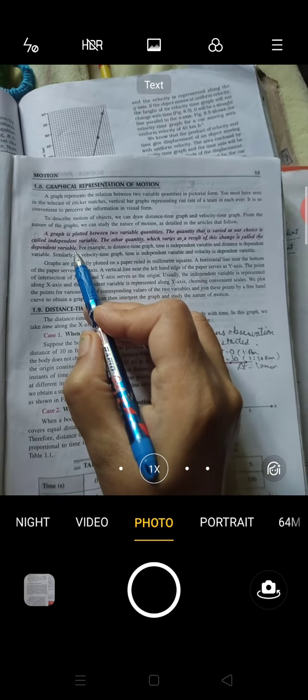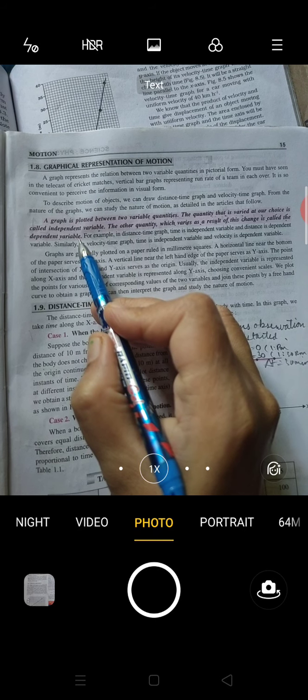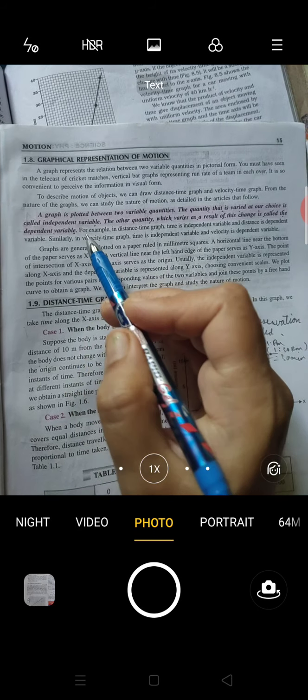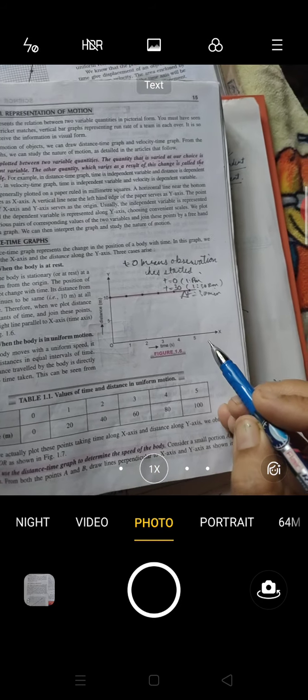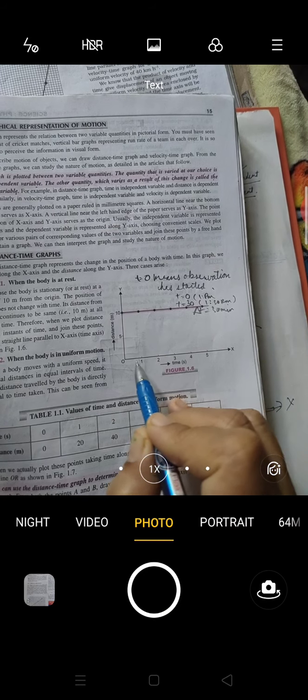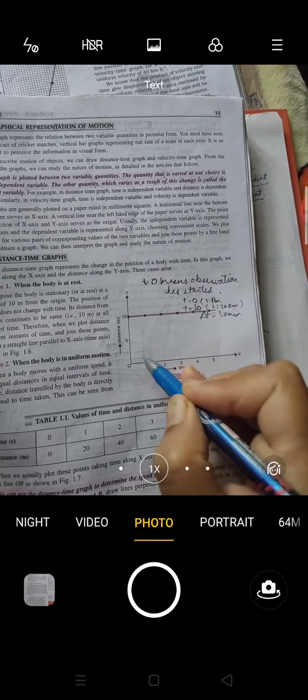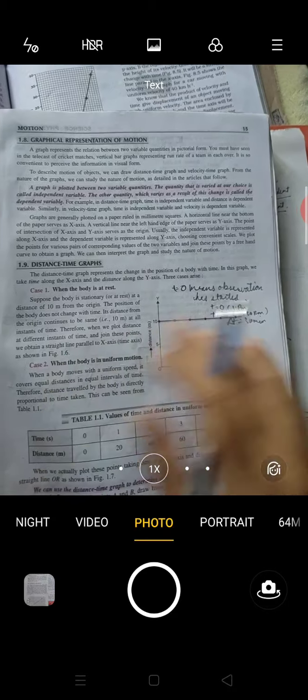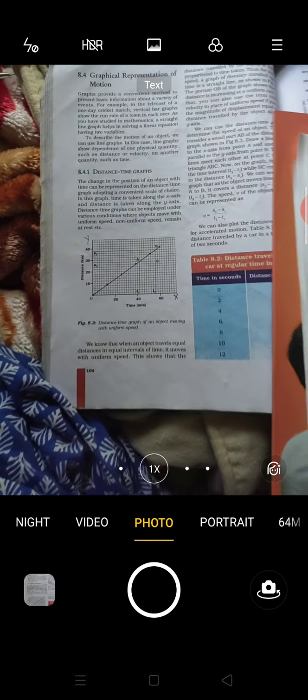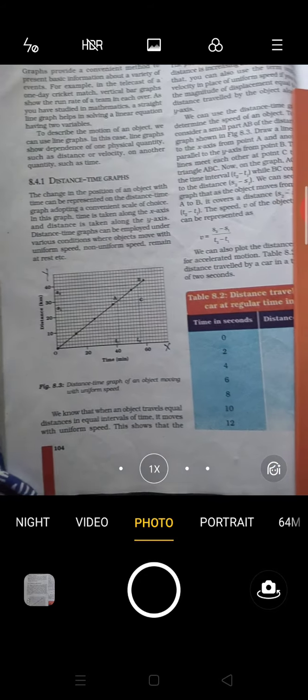So when we plot a graph, it shows a relationship between two variables. One is independent and one is dependent, and generally we use the independent variable along x-axis and we use dependent variable along y-axis. So let us know something about graphs, how graphs are represented.